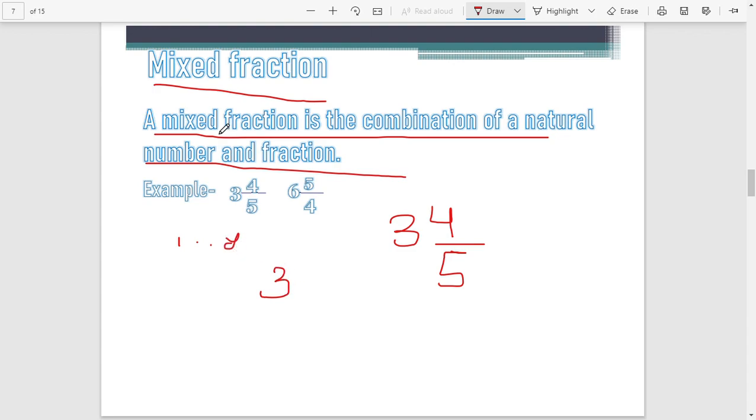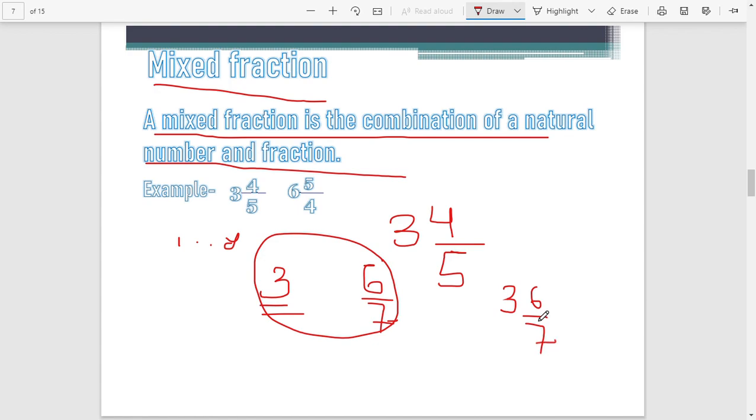So in a mixed fraction, let's suppose the natural number is 3, and take any fraction like 6 upon 7. If we combine them, it becomes the mixed fraction 3 whole 6 upon 7. We read it like this. So these are mixed fractions, where a natural number and a fraction are mixed together.